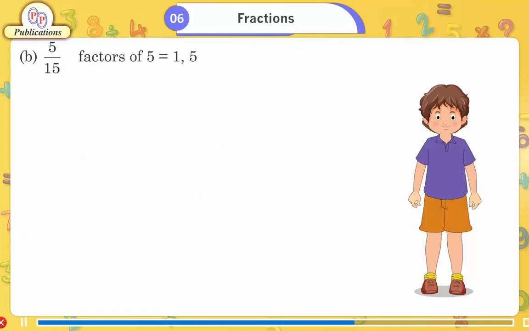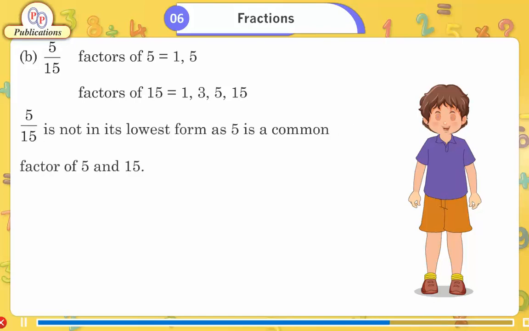B. 5/15. Factors of 5 are 1, 5. Factors of 15 are 1, 3, 5, 15. 5/15 is not in its lowest form as 5 is a common factor of 5 and 15.